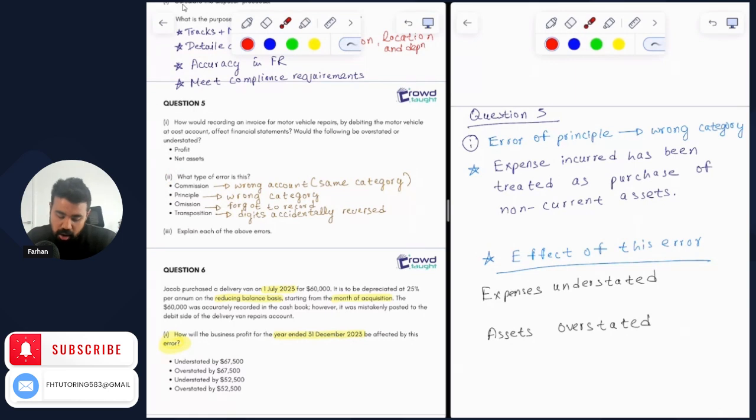Okay? Now, the third part of the question is asking you to explain each of the above errors. So let's start with the error of commission. The error of commission is to record a transaction in the wrong account, but within the same category. So let me explain what that means. Now, let's say we run a business where all the sales are made on credit.